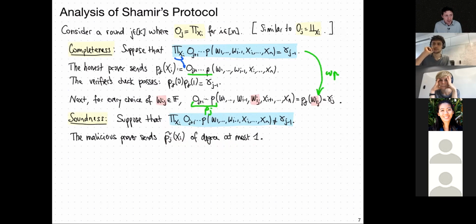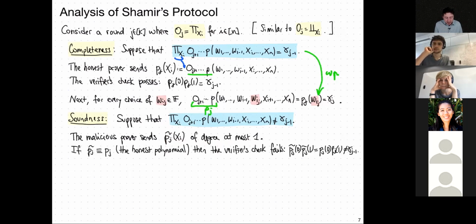Now, like in the sum check case, we have two cases. Either this polynomial is the one that the honest prover would have sent, let's call it the honest polynomial. But in this case, the verifier's check always fails, because we're starting from a false claim, and if you send the correct polynomial, you won't get gamma j minus 1.